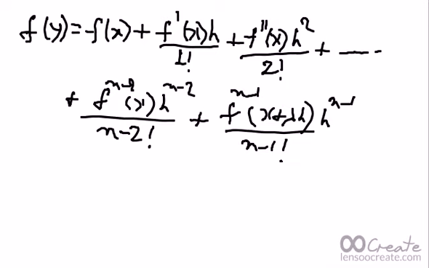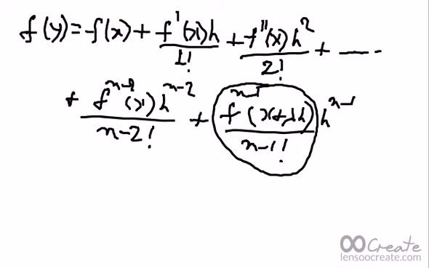Now here we see that this is continuous, and this is continuous because f^(n-1) is continuous. f^(n) was not continuous, but since f belongs to C^(n-1), therefore f^(n-1), the derivative of f, is continuous.